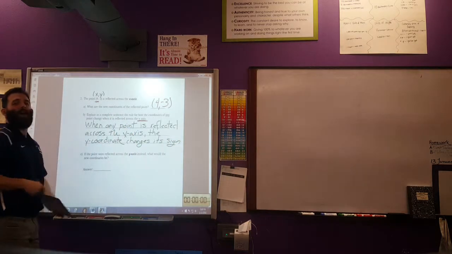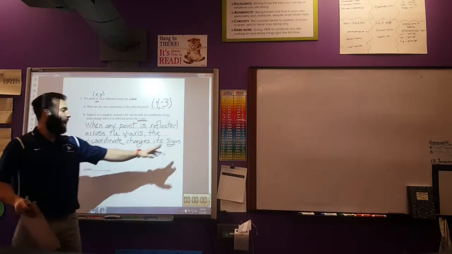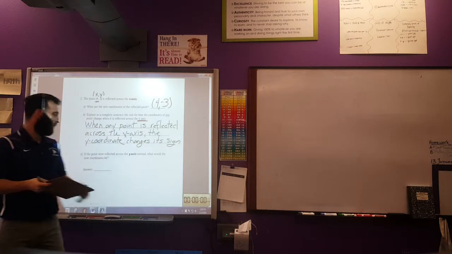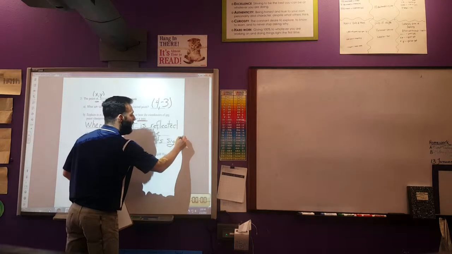And I know you're starting that sentence with a capital letter and finishing it off with some sort of punctuation. If you're really excited about this, you can make it an exclamation point.